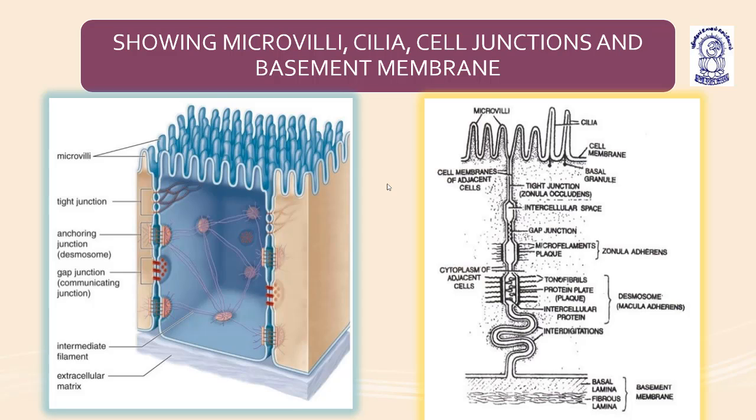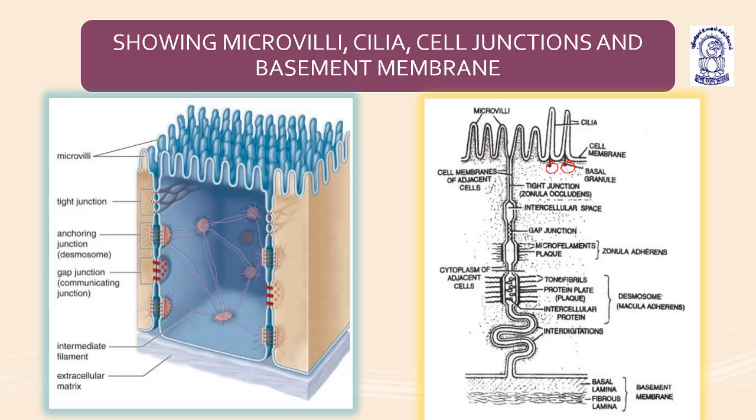You can see the microvilli, the finger-like projections, and you can differentiate microvilli from cilia. Cilia are very fine hair-like projections with the basal granule, but microvilli don't have any basal granule.